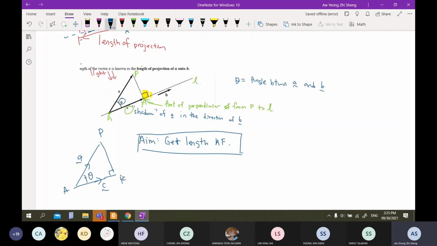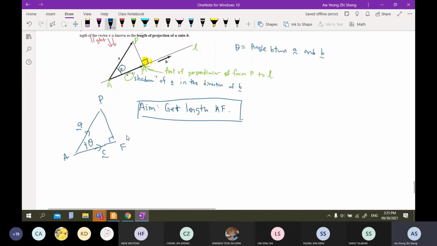Here is theta. Okay. Now, making use of the right angle triangle, by basic trigo, cos of theta is AF, adjacent, divided by hypotenuse, which is AP. Okay. Now, what is AP and what is AF in terms of the vector?